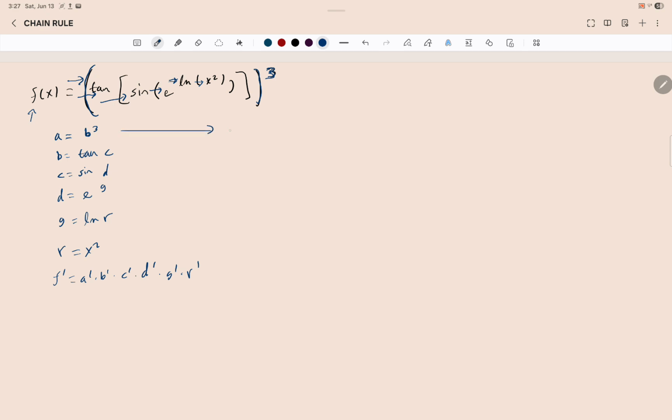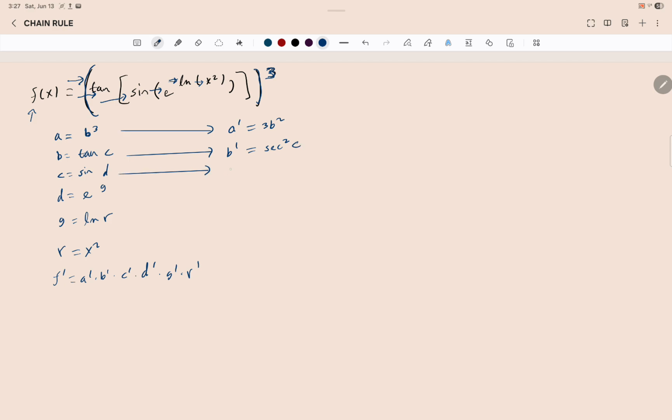So let's do the derivative of a. A prime is going to be 3b squared. Take the derivative of b. My b equals tangent of c. So the derivative of tangent, we know that it's secant squared of c. All right, cool.